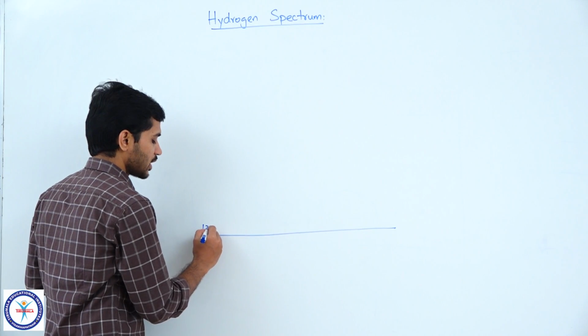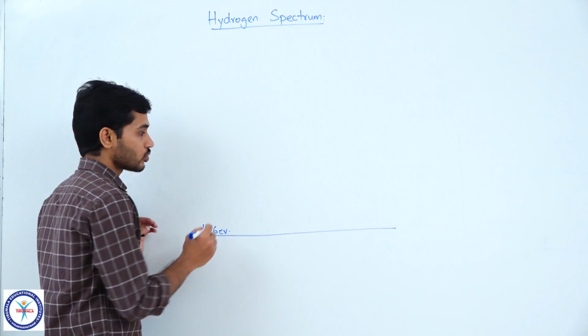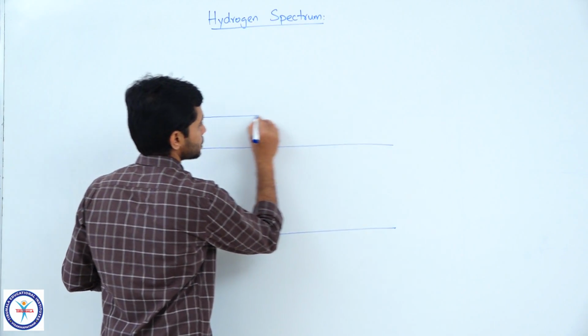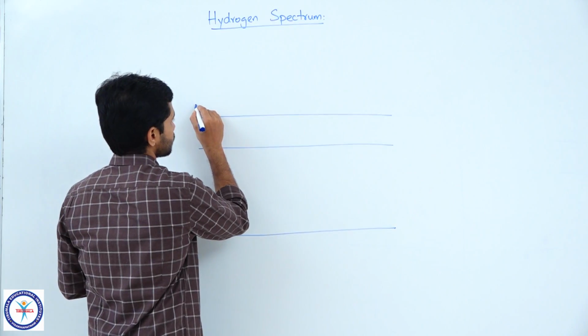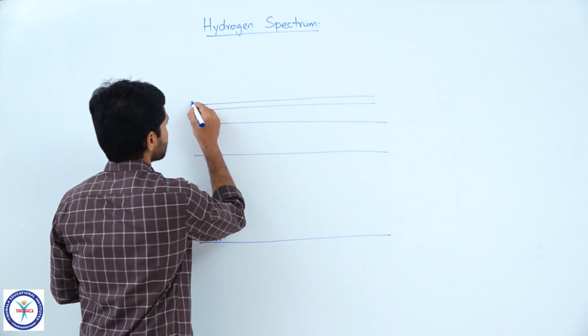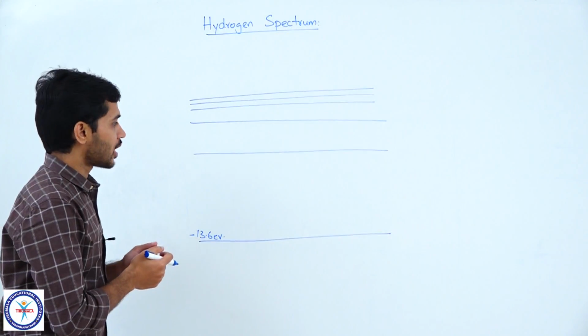You all know that this can be considered as minus 13.6 electron volts. So, the second state, okay. Let us take energy levels up till here.